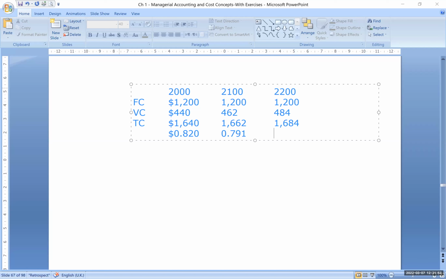This equals $0.765. Okay. This was the average per 1 cup.